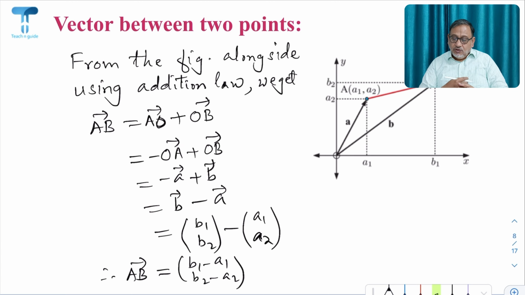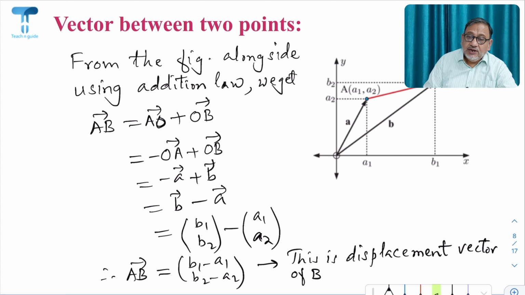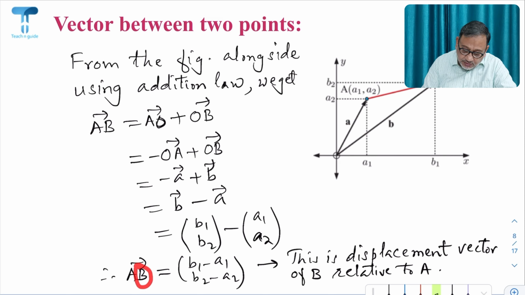Okay, so this is the resultant vector. This is called the displacement vector of B relative to A. So actually what we are writing is the vector of B relative to A. A is the initial point here.